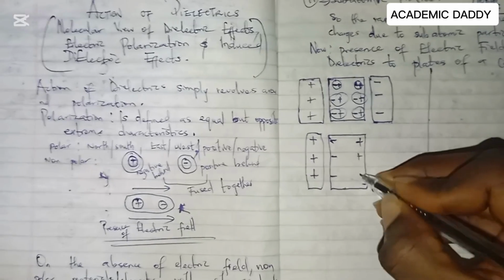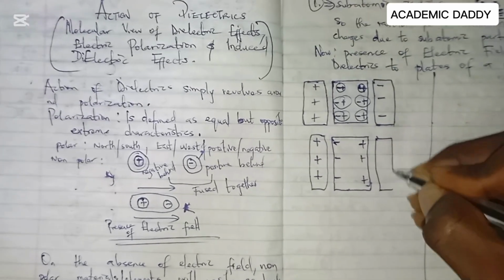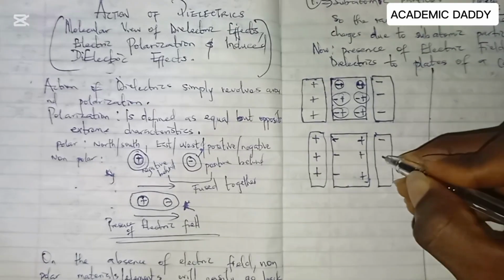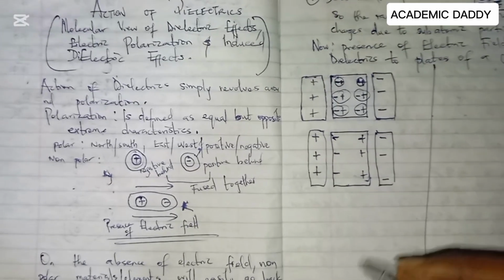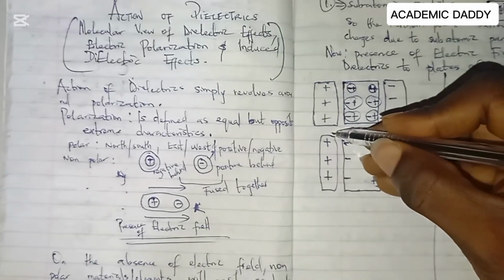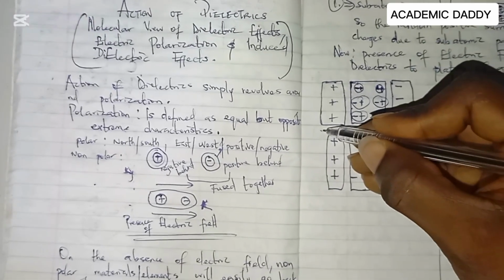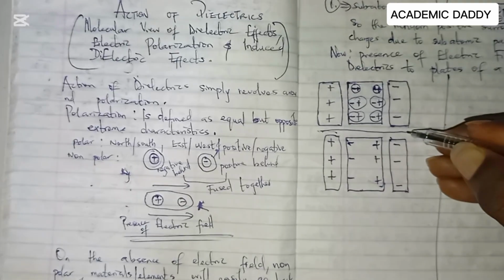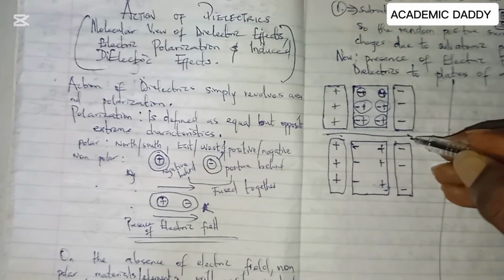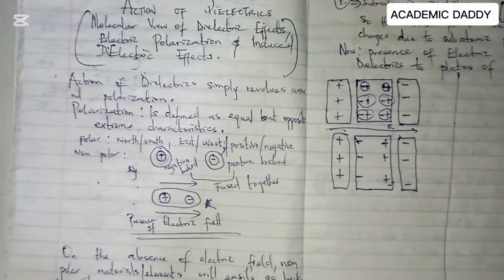Positive, positive, positive. So this is the action of dielectrics. And because of this, if you remember when we started our class, as electric field tends to flow on this side, we can call this the initial electric field.